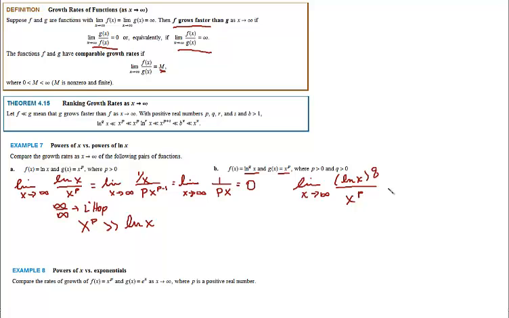I'll rewrite this so that I have the limit as x goes to infinity of the natural log of x over x to the p divided by q, and then all of this I'll raise to the q. I already know the answer to this, I just found it in that problem. The natural log of x over x to whatever power is going to 0. So 0 to the q power still equals 0.